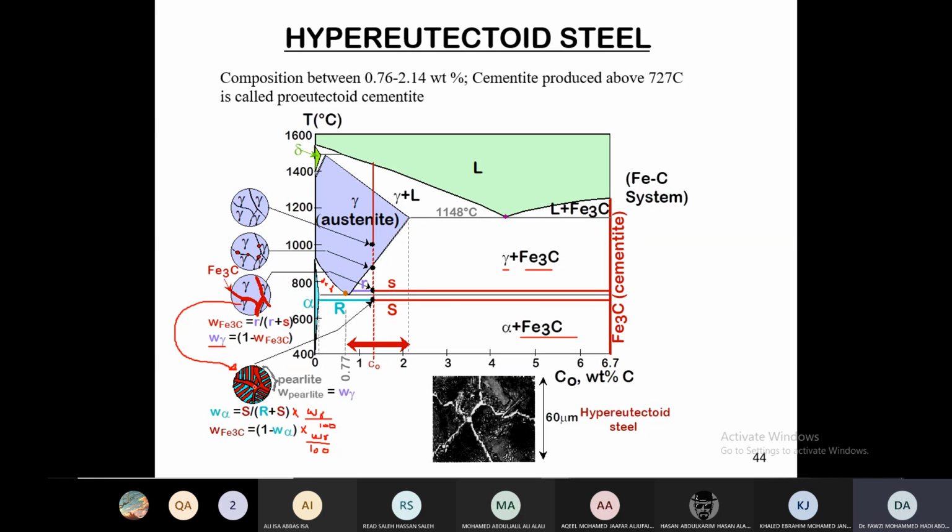In here you have the primary cementite, you have the secondary cementite and the secondary ferrite, which you can also call pro-eutectoid cementite, and you have the eutectoid microstructure, which are the alpha and the cementite phase.